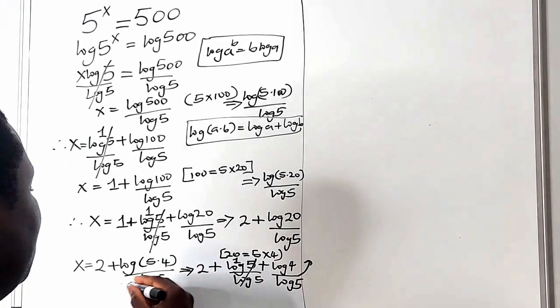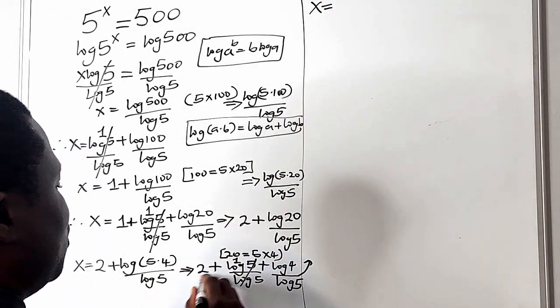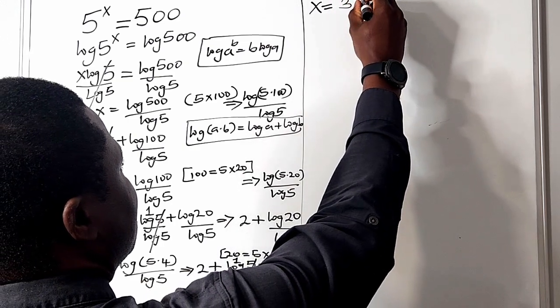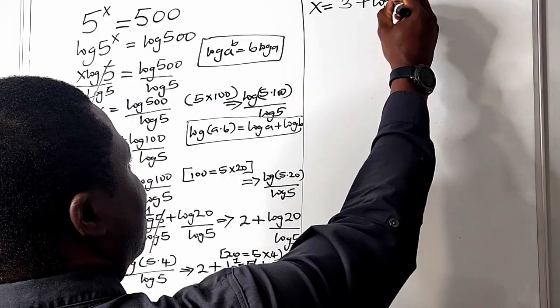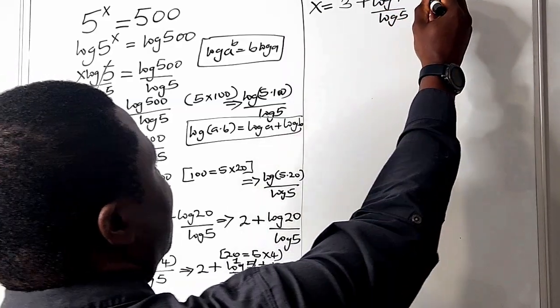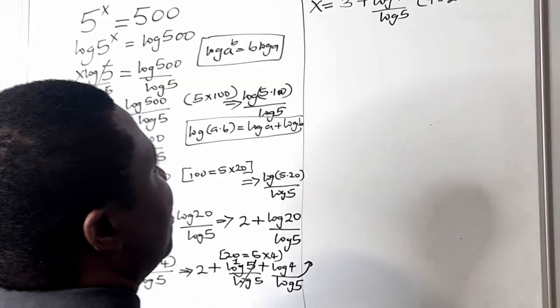So what we now have here is x equals 2 plus 1 is 3, plus log 4 divided by log 5. And we know that 4 is the same thing as 2 squared, 2 raised to the power 2. Okay?